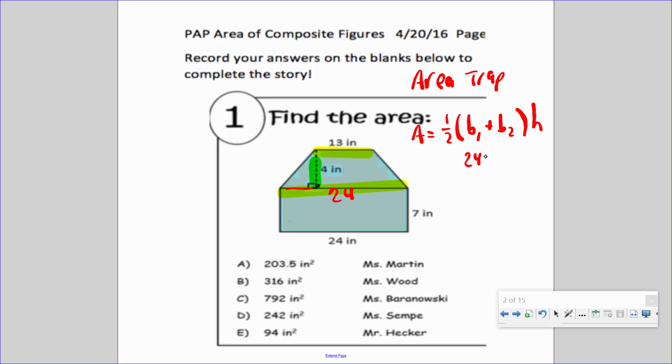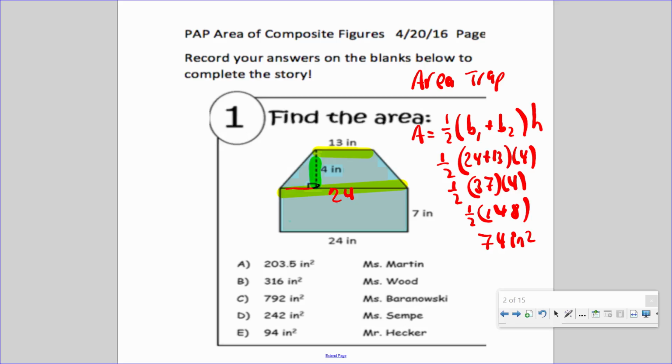So 24 plus 13, half, and the height is 4. If you add 24 to 13, that's 37. And what is 37 times 4? That's 28 carried 2, 148. And what's half of 148? 74 square inches. So the area of the trapezoid is 74 square inches.